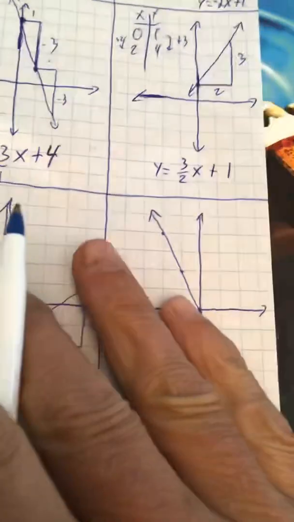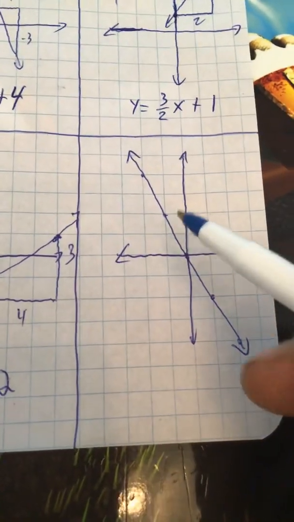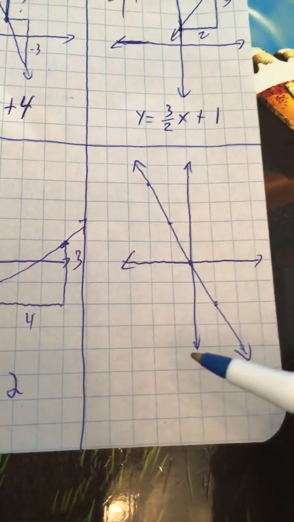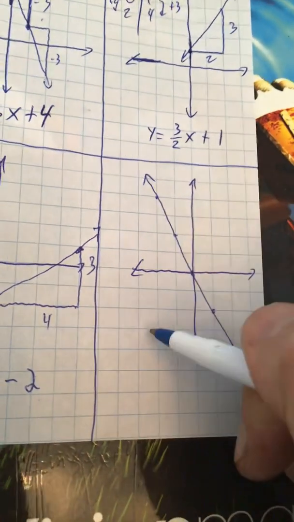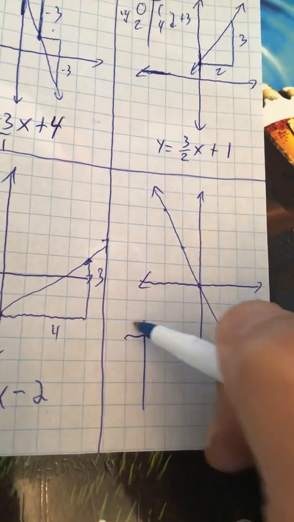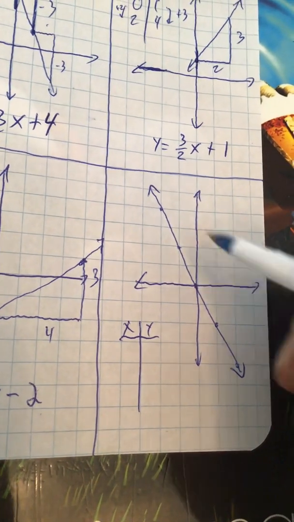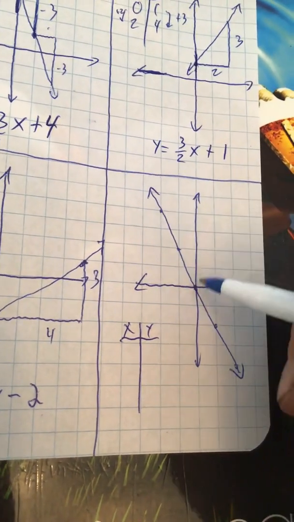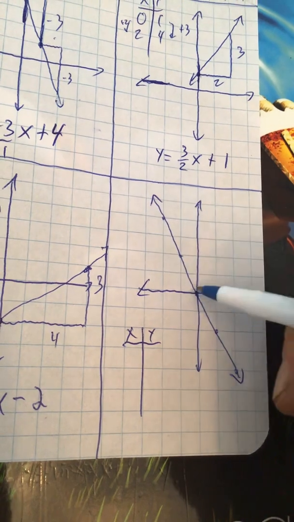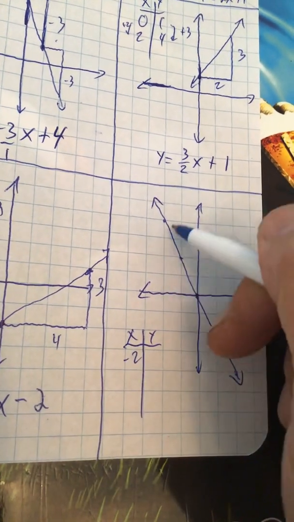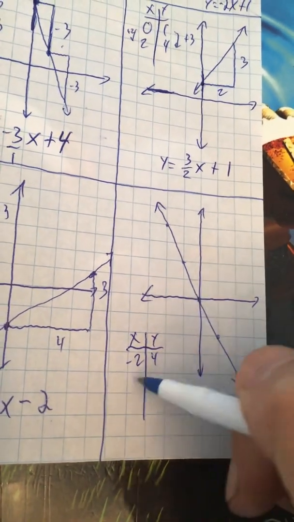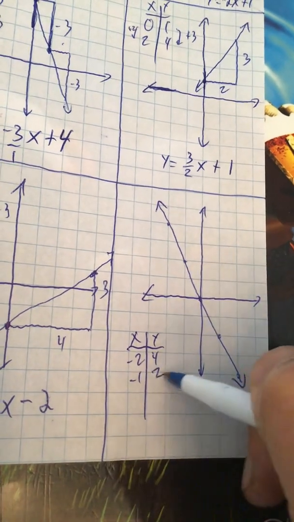Last one, and we're done. So copy and hit pause. Here's x, y. I'll just do this. This is (-2, 4). This is (-1, 2).